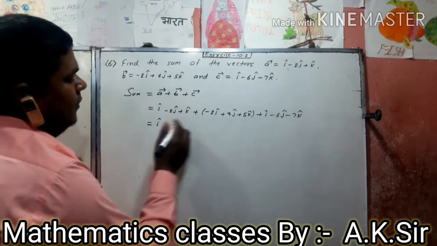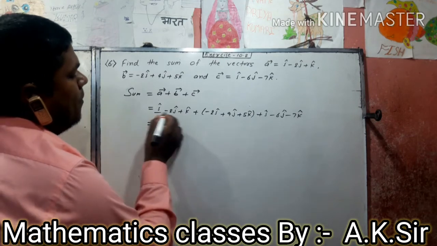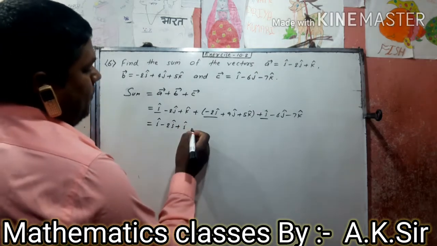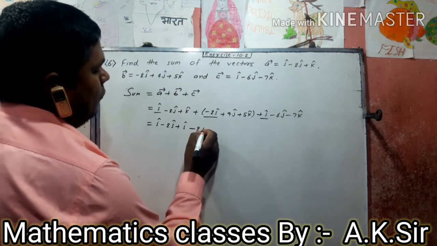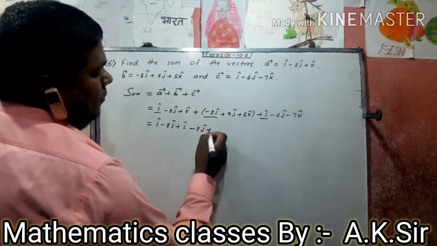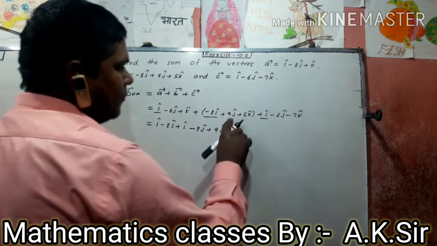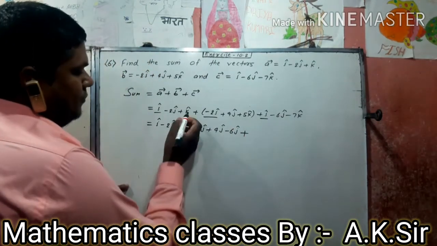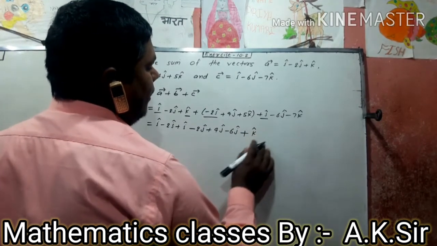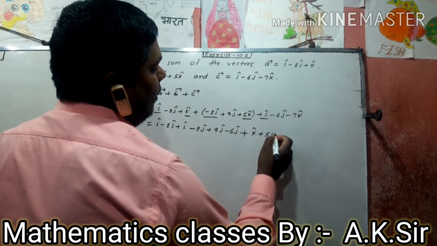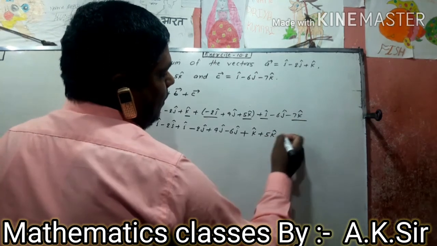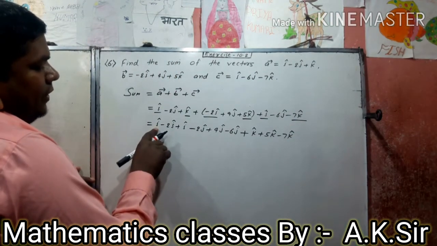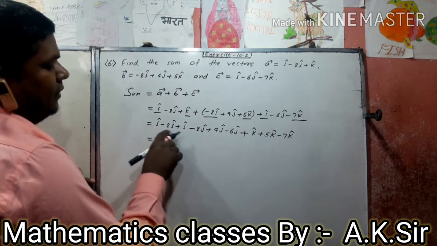Grouping terms: i cap minus 2i cap plus i cap, minus 2j cap plus 4j cap minus 6j cap, k cap plus 5k cap minus 7k cap. i cap plus i cap minus 2i cap cancel.